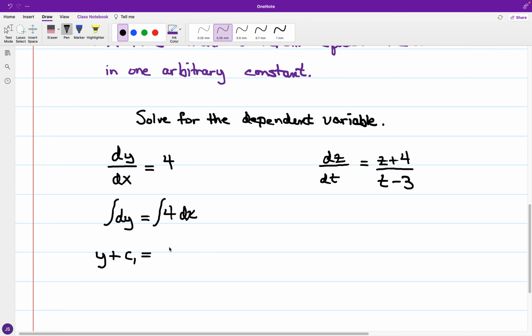On the right, the antiderivative of 4 is 4x, and we'll say that we have plus c sub 2. And I'm looking at isolating y. So if I move the c sub 1 over, we have that y will be by itself.